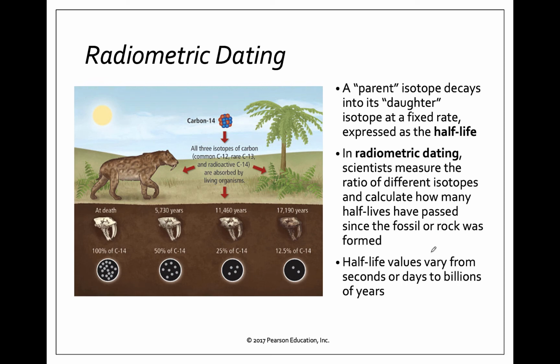We also use isotopes in radiometric dating. So this is often called carbon dating. And if you look here, we've got a fossil skull of this saber-toothed tiger looking thing, and it fossilized. When the animal was alive, it had taken up some carbon-14, so that's that radioactive carbon molecule.